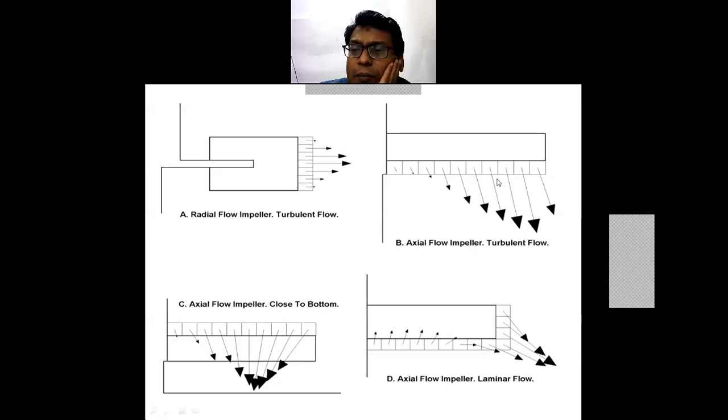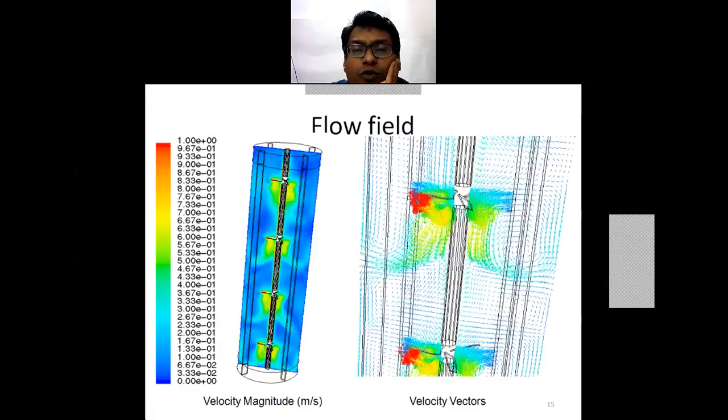So how much of the fluid is moving in the downward direction, and what is the clearance between the bottom and the shaft blades, is going to help distinguish between the turbulent flow pattern and the laminar flow pattern. And the next is the axial flow impeller, which is close to the bottom. Wherever it is close to the bottom, it is the axial flow impeller.